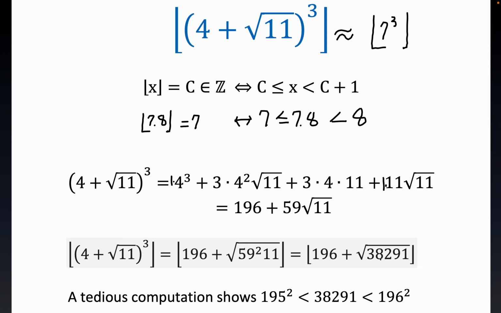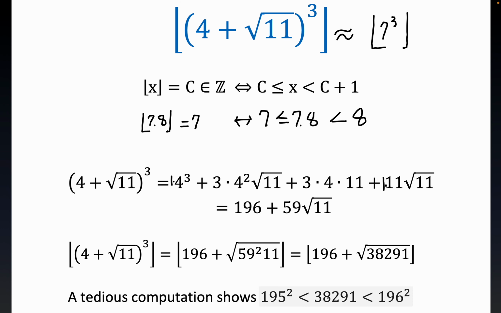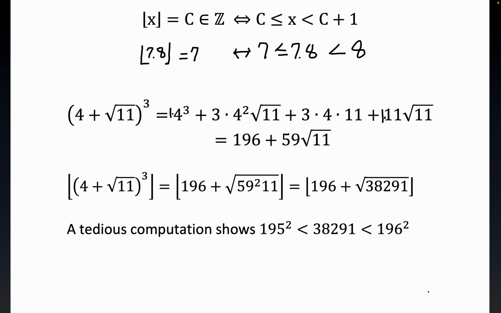All right. Now the next thing to do right here is find out what two perfect squares this radicand is between. 38,291 is trapped between 195 squared and 196 squared. Now, that's tedious. I'm not going to joke to you about that.